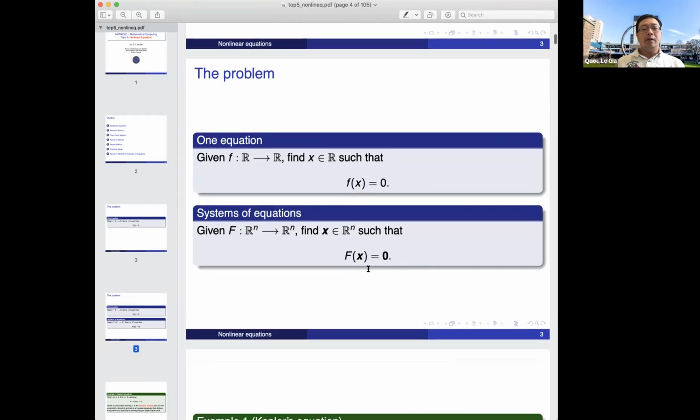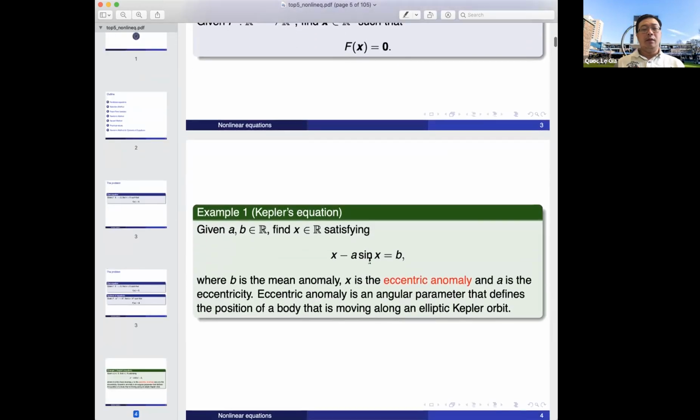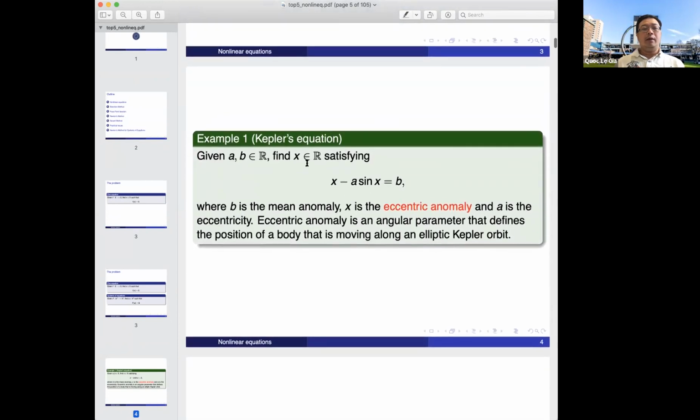So where do we see those problems? Okay, so this is a problem that, a few hundred years ago, Kepler, I think Kepler, an Austrian astronomer, when he observed the stars, he saw that the star moves according to an elliptical orbit.